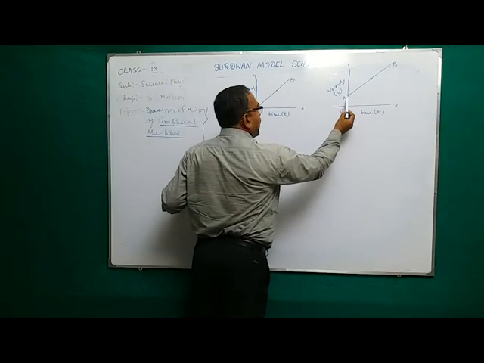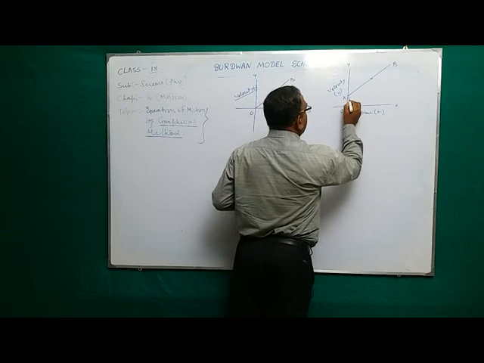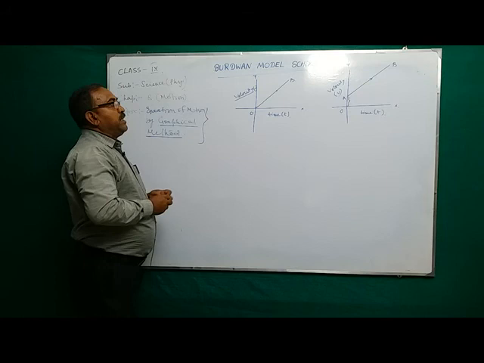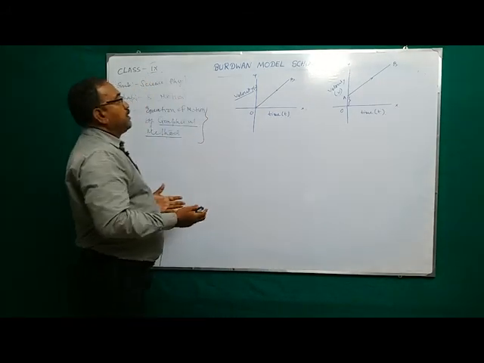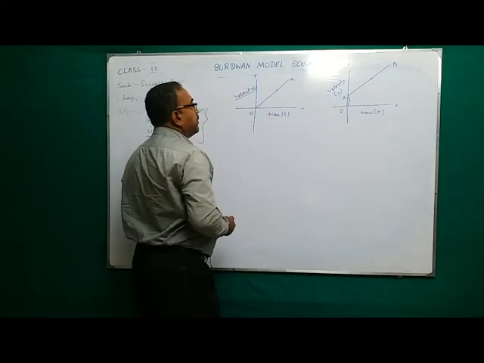In the other, the object starts from a finite velocity, that means the initial velocity is there. Am I clear? So, how can we derive the equation of motion with the help of the graphical method?